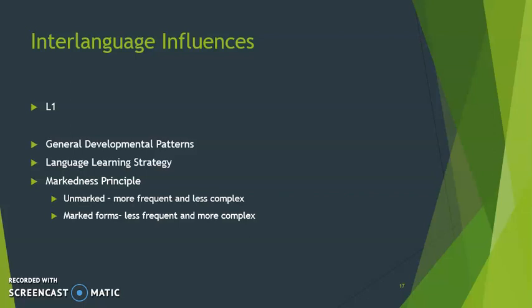For instance, the th and the v sounds are marked because those sounds are very rare across languages. They're difficult to pronounce. You really have to exert effort to stick your tongue between your teeth.